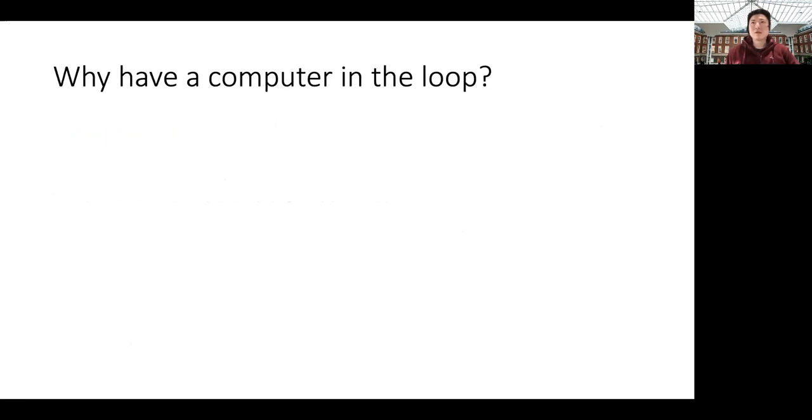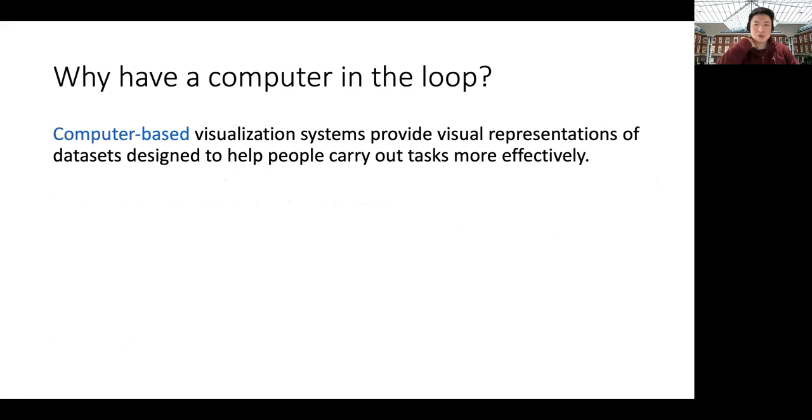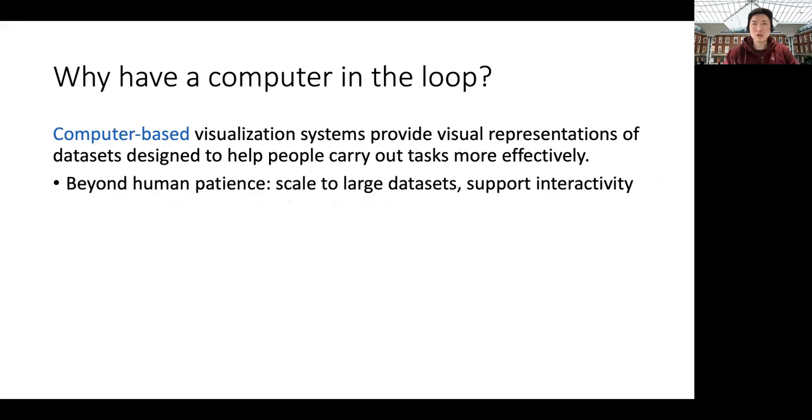Okay, similar to the other part of data visualizations, you have a computer in the loop. The computer is in the loop because it can do certain things which a human cannot really do. For example, you can scale to large data sets. If you want to create a bar chart with 10 data points, that's okay.